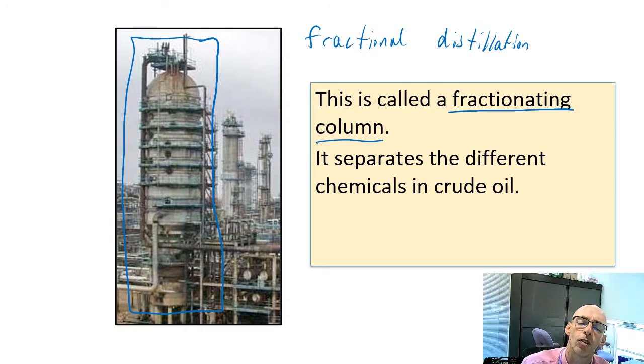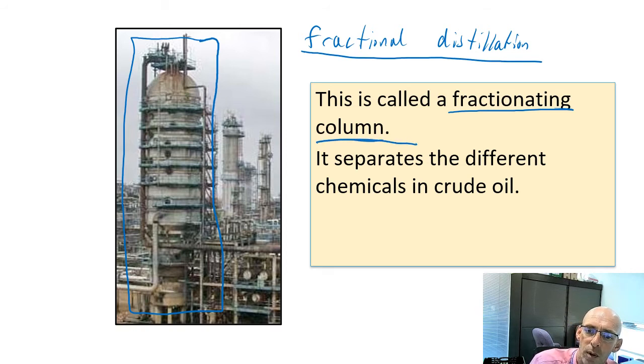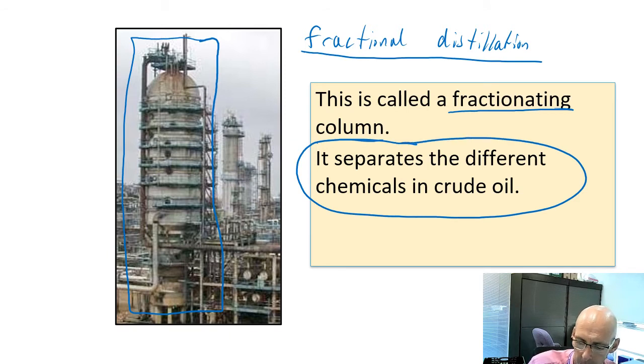Again, I'm only telling you stuff you absolutely must know. Fractional distillation is using a fractionating column, and it separates all those different chemicals that were mixed up in crude oil. Remember, you can pause whenever you want. I'm hoping you're taking notes, making mind maps, index cards, however you learn best, or even just listening this time round and then going through it in a bit more detail for the bits you need.